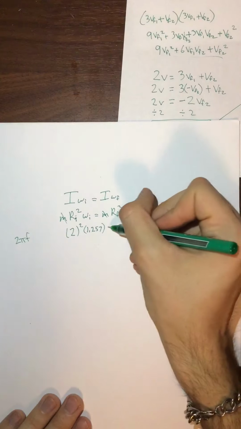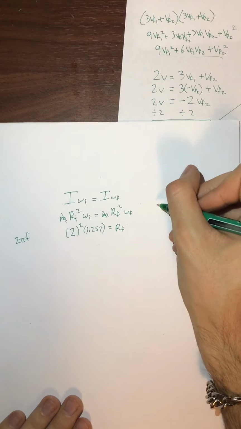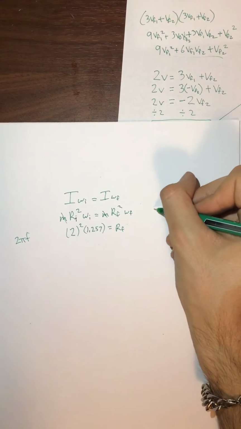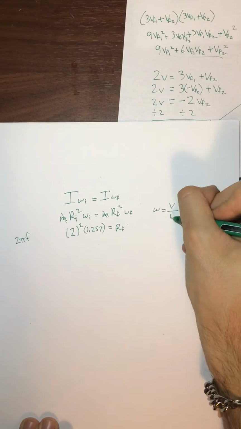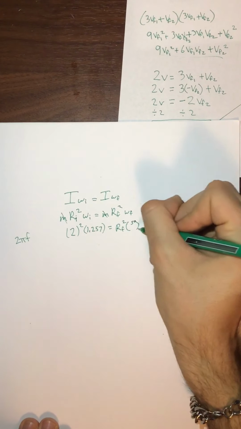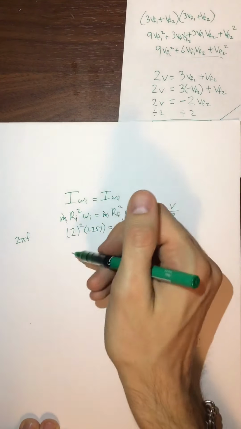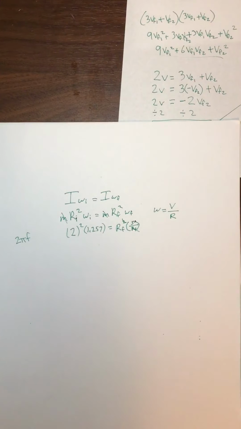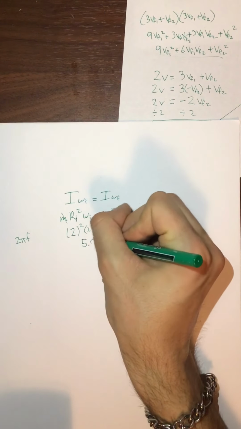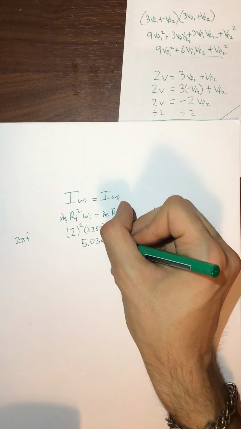Then we were solving for rf, and we did not get the final angular velocity. We had to solve for it using v over r. The v they gave us was 5 meters per second. Divide that by rf, and the rf's canceled. So this is where we're at, and I'm going to solve that whole side. 2 squared times 1.257 gives us 5.03.